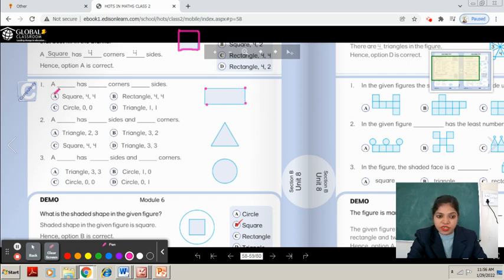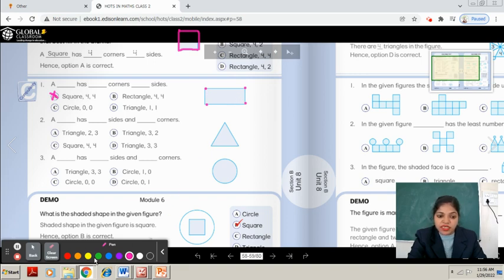First of all, this is a rectangle, right? So we have options A, B, C and D. In option A, they have written square. Is it a square? No, it is not a square. So this is not the right option. Now move to the next, that is B, rectangle. Yes, it is a rectangle. How many corners? 1, 2, 3, 4.